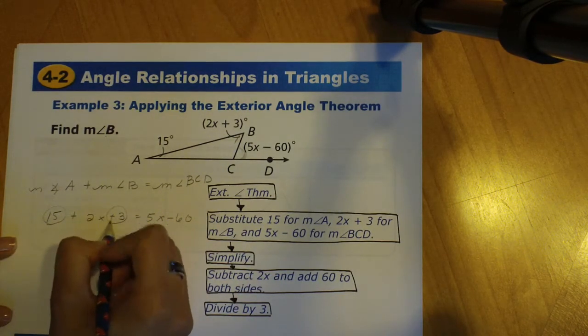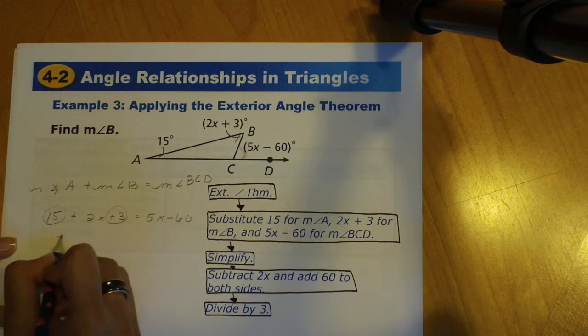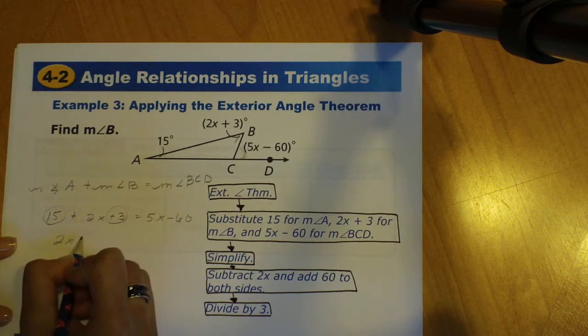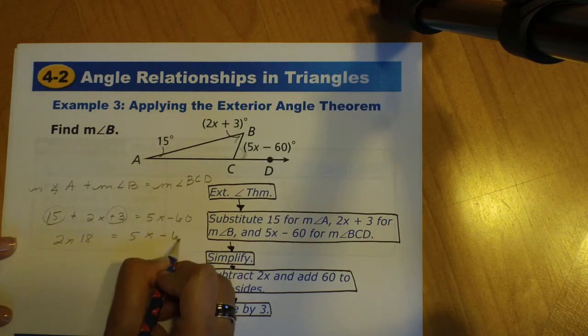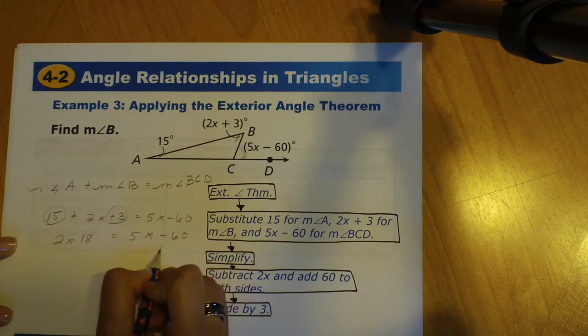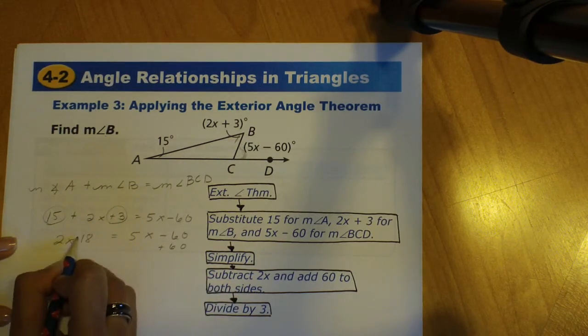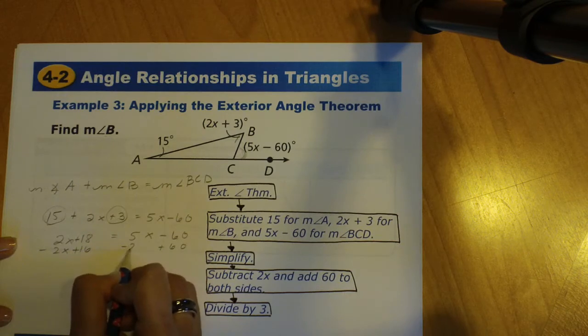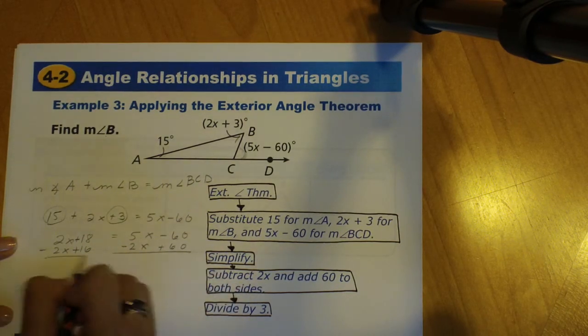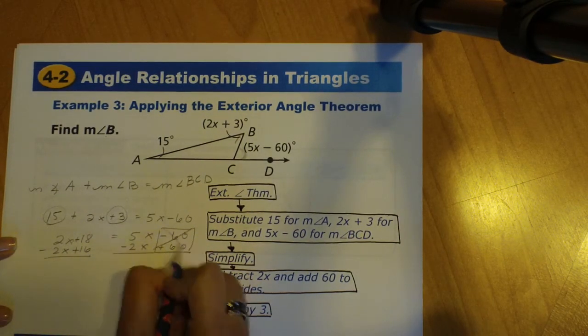On this side we're combining like terms, bringing down my 2x. 15 and 3 give me 18, equals 5x minus 60. Then I'm going to add the 60 to both sides, and I'm going to subtract the 2x at the same time. These are a zero pair.